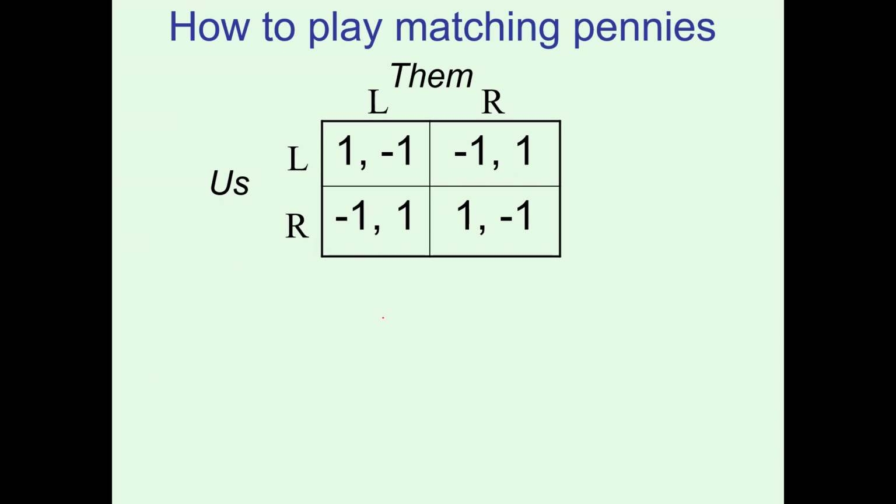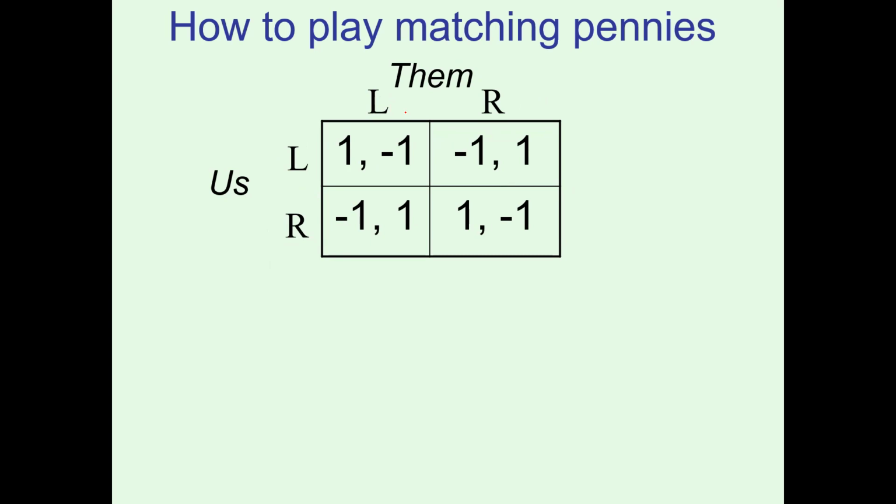Now, let's look at whether it has an equilibrium. If we look at L, comparing it with R, we notice that if the opponent adopts L, L is better. But if R, then R is better. So therefore, it is not dominated.